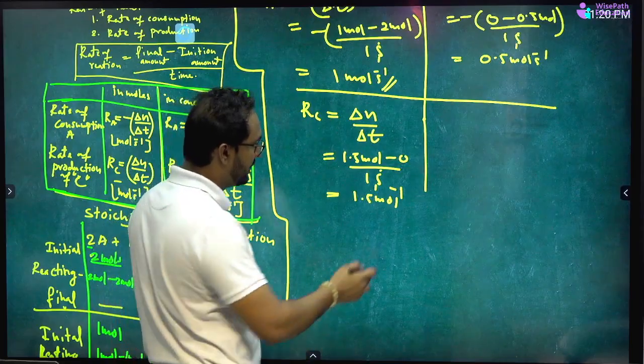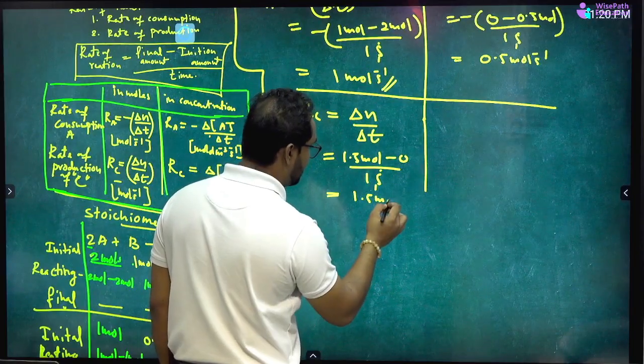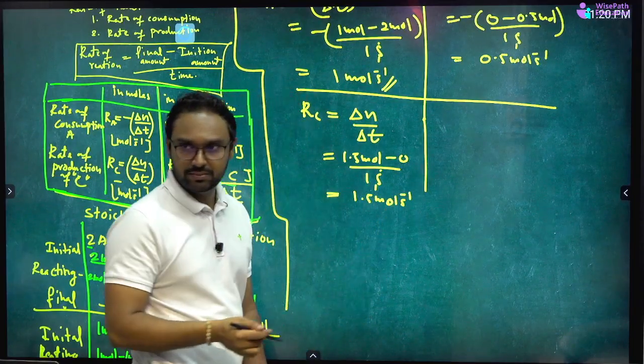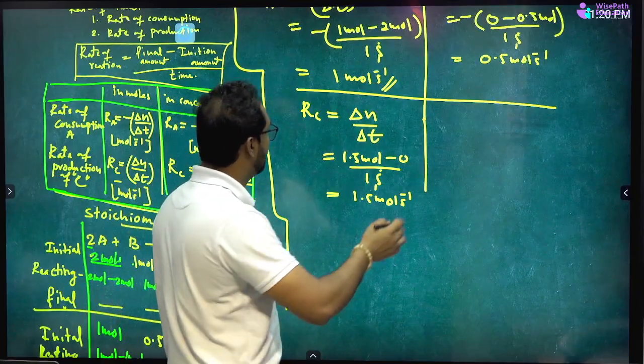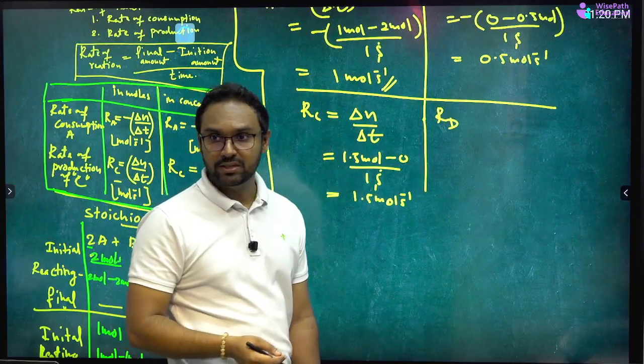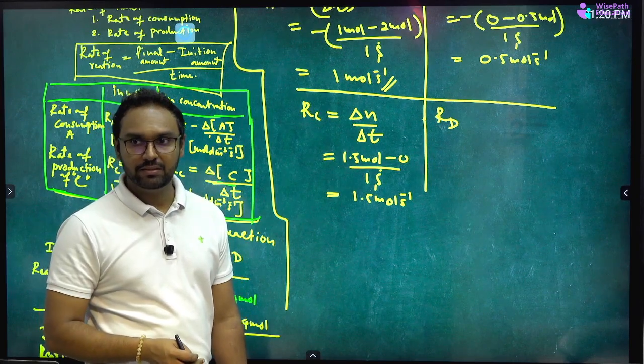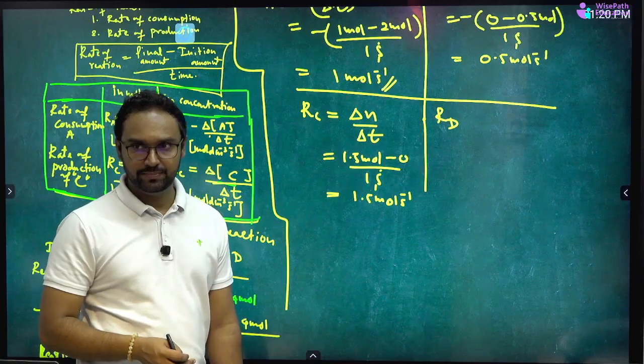But second a minute is more or less minus 1. Right? So next is RD, the concentration, mole per decimeter per second.